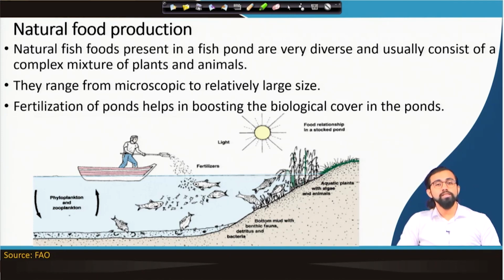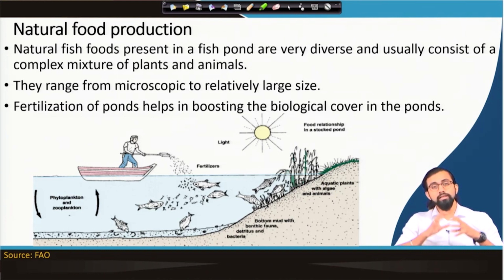By means of fertilizers, sometimes we introduce some iron based compounds. What will it do? It will help to grow the phytoplankton in the system. Once it helps grow the phytoplankton, it will definitely be helpful for all the phytoplankton-loving aquatic species, or zooplanktons, which are at a higher trophic level in the food chain.